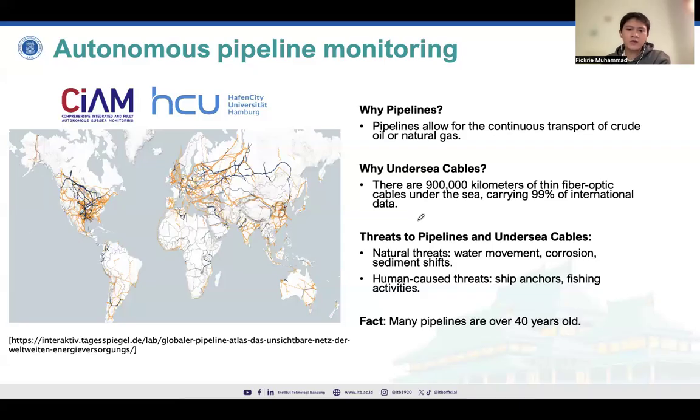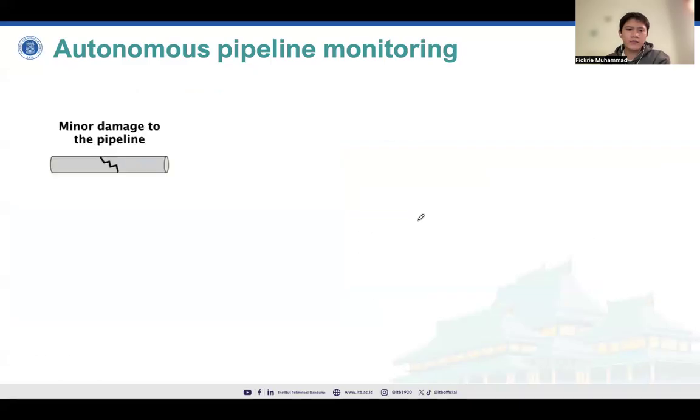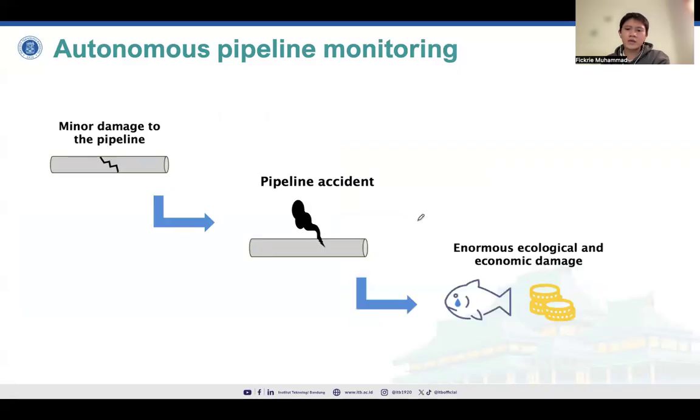That's why we have to accelerate the monitoring by using the autonomous underwater vehicle, the AUV. If there is minor damage to the pipeline, it can lead to pipeline accidents, so the oil will be leaked, and the leakage leads to enormous ecological and economic damage. So that's why autonomous and continuous monitoring is necessary.